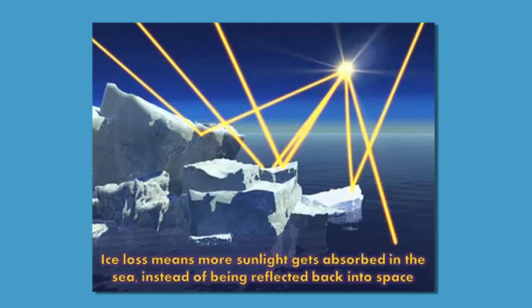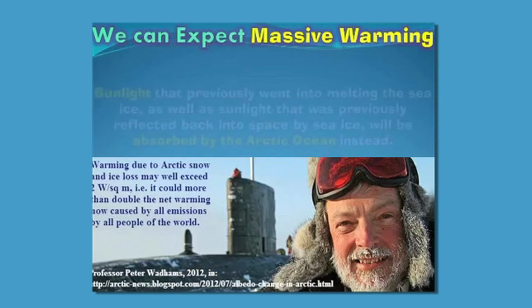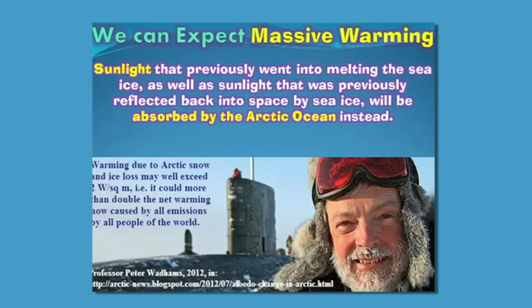If you put on a white outfit rather than an outfit that is black, you're going to be a lot cooler than you would have been otherwise. Same as with the Arctic. So sunlight that previously went into melting the sea and the ice, as well as sunlight that was previously reflected back into space, is now being absorbed by the Arctic Ocean instead. This is huge.